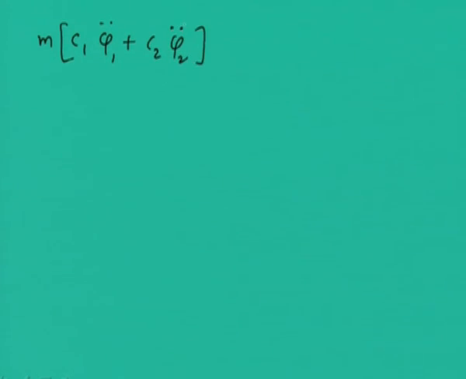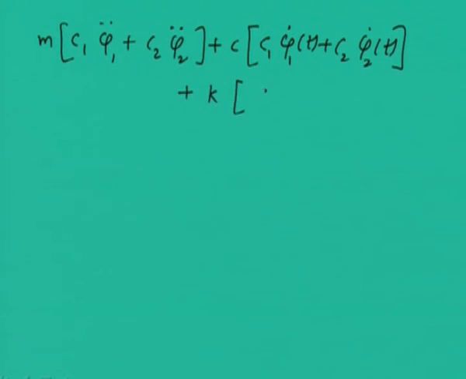These are the first two terms, then we have the second terms with the first derivatives, and this is the second derivative term. So we just multiplied the first equation with C1 and the second equation with C2 and added.